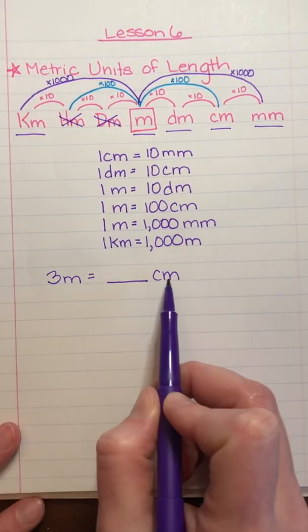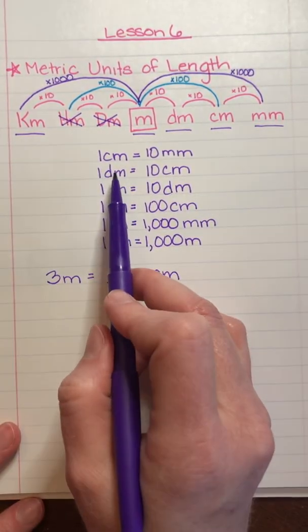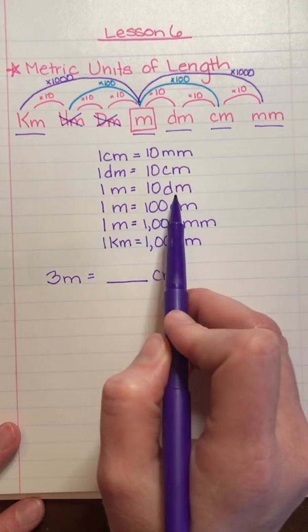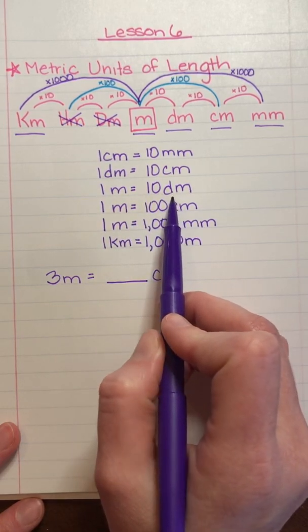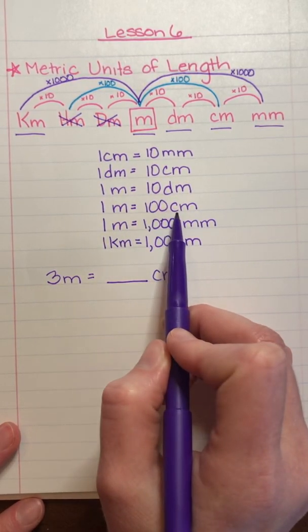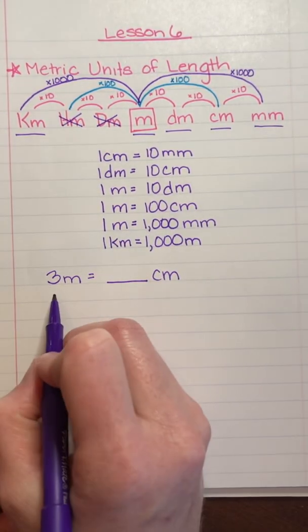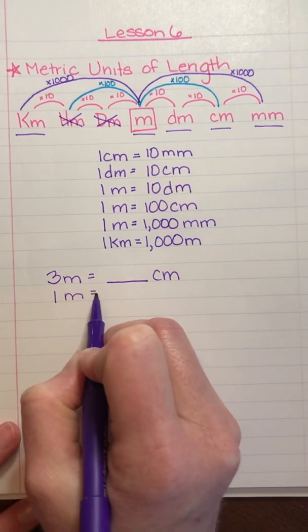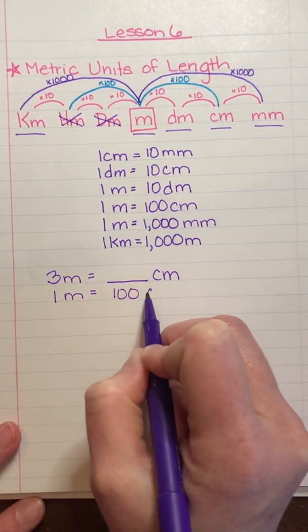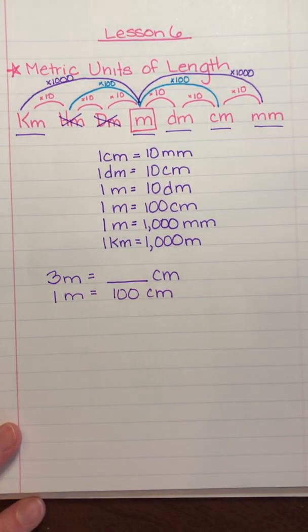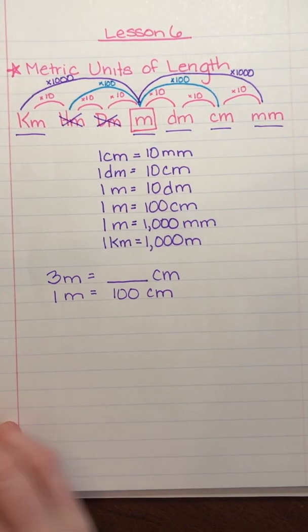So we're comparing meters and centimeters. So I'm going to look at my chart. Here's meters and decimeters. That's not the one that I need. Here's meters and centimeters. So I know that 1 meter equals 100 centimeters. And every time I'm going to write that basic fact right underneath it.